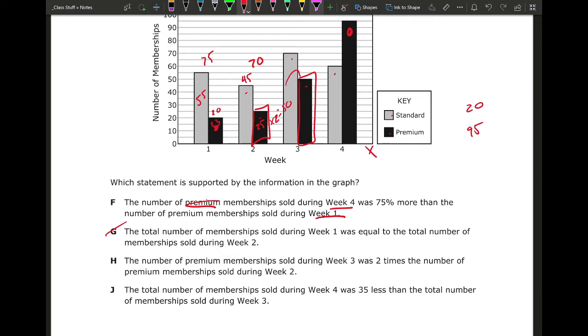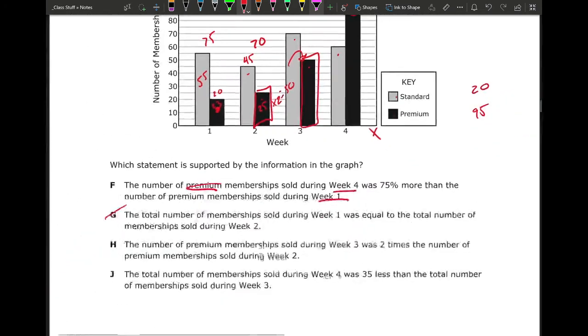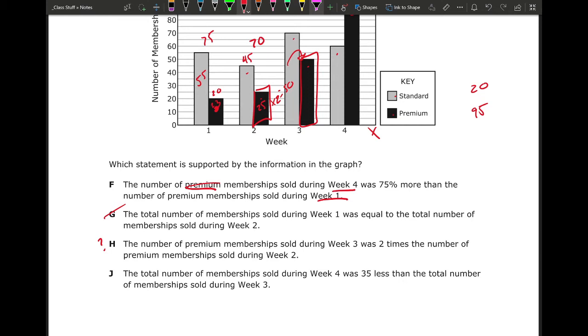Is that 50? It seems to me that it is 50. So week 2 was 25, week 3 was 50, so 25 times 2 gives you 50. That makes that a true statement.